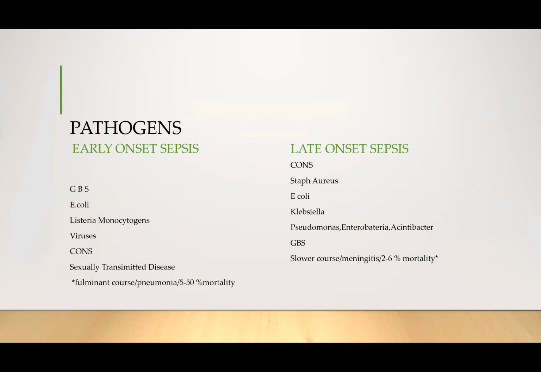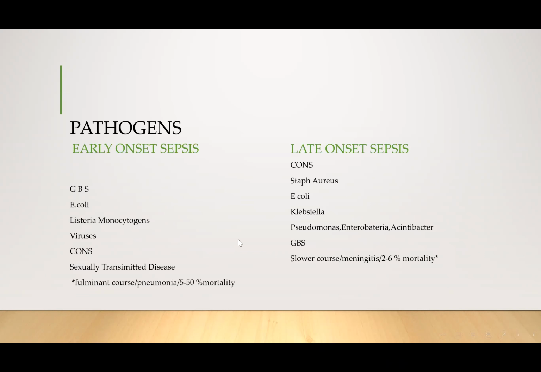You must remember that there are different organisms according to early or late onset. For early onset, you can see in front of you, the top is GBS, meaning group B hemolytic streptococci. I didn't prefer to use a lot of abbreviations, but in some points. After that, Escherichia coli and others.